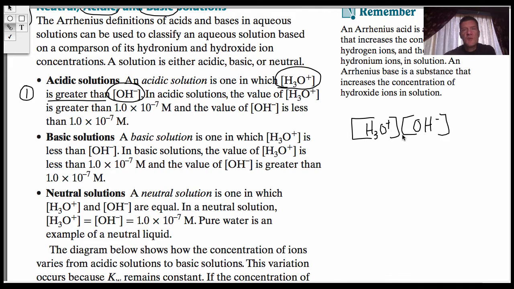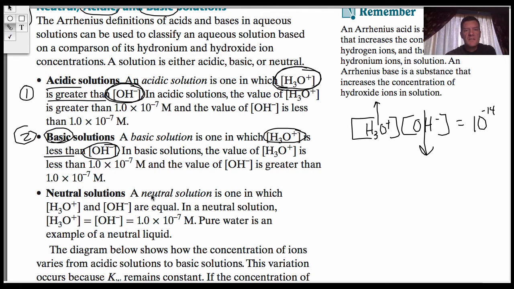So to keep this product a constant, if the hydronium ion concentration goes up because we add something that ionizes into hydronium ions, then the hydroxide ion concentration's got to go down to keep that constant the same of 10 to the negative 14 for an aqueous solution. So if hydronium ion concentration is greater than hydroxide ion concentration, it's acidic. If the hydronium ion concentration is less than hydroxide ion concentration, then it's basic.